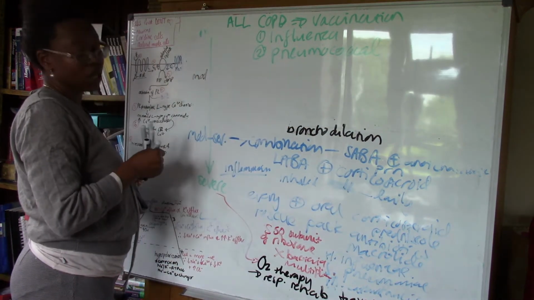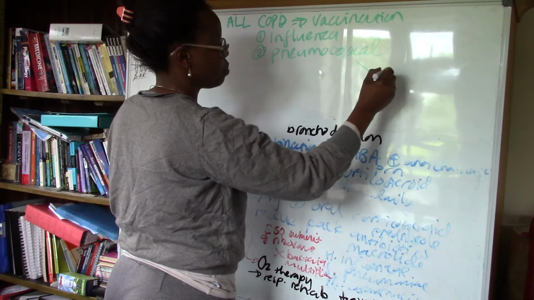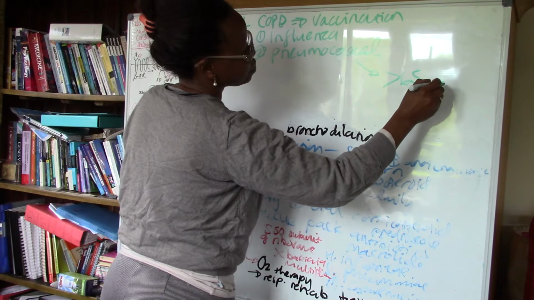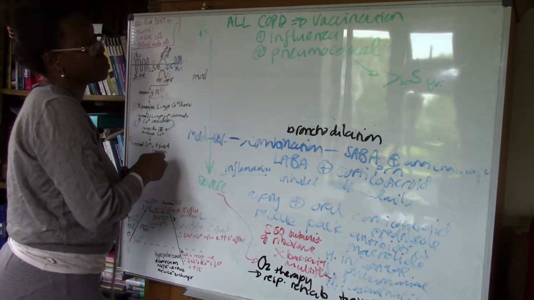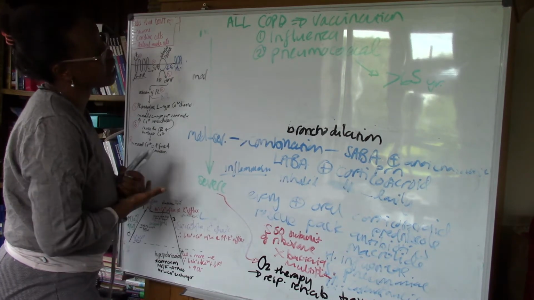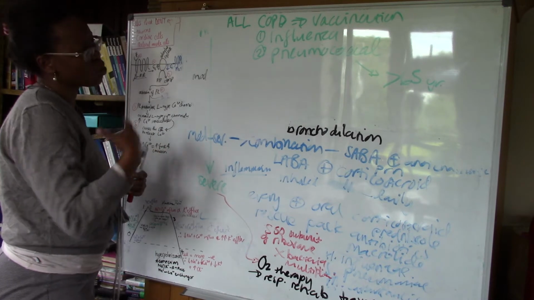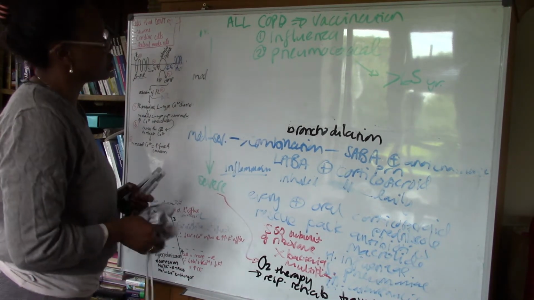Obviously the pneumococcal vaccination is usually given to people over the age of 65. However, people with COPD, as with other long-term conditions like asthma and diabetes, are high-risk patients and do get both of these vaccinations.